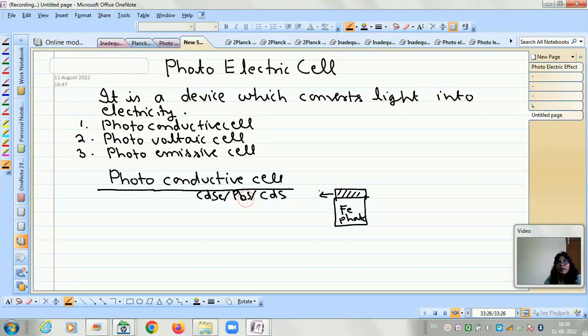So any material can be applied here. There is a coating, and above that coating there is the transparent metallic surface.